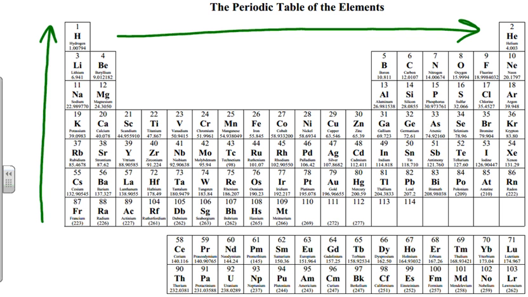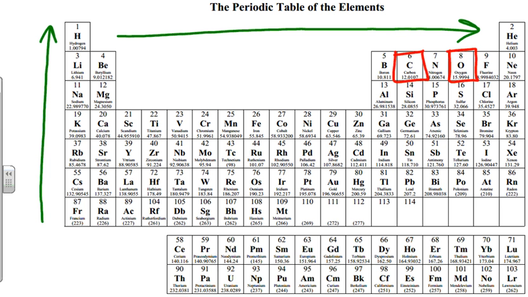The rows are periods. So your ionization energy should increase as you go up a column and across a period. So, for example, I may ask you questions such as, which has a higher ionization energy, oxygen or carbon? Well, according to the trend, it's going to increase as you go from left to right, so oxygen would have a higher ionization energy than carbon.